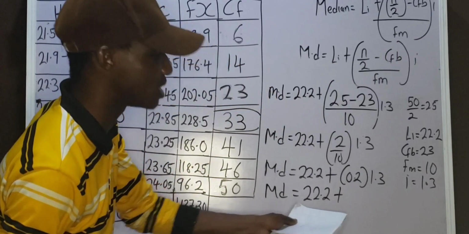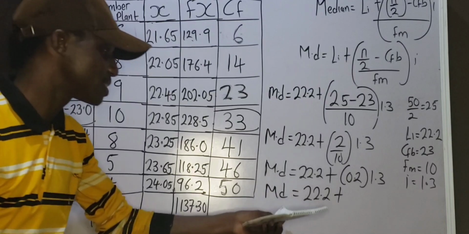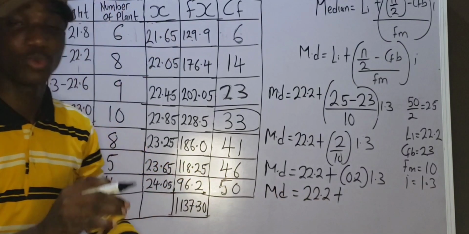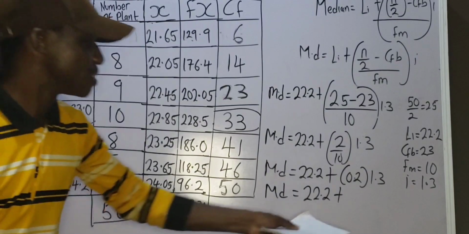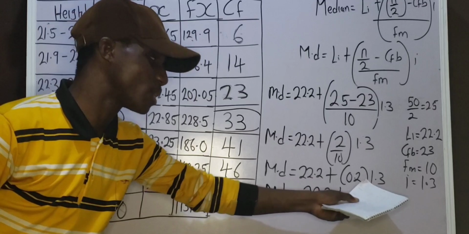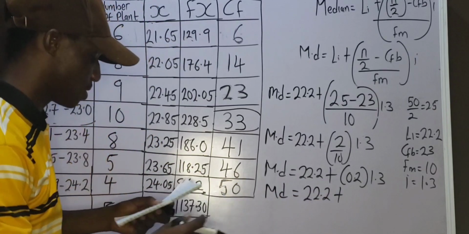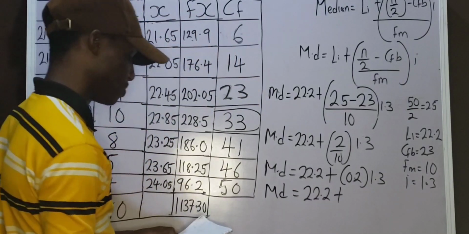And when you get to this point, please follow the rule of BODMAS, okay? So that you will not mistakenly add 22.2 plus 0.2 and then multiply. You won't get the right answer. So take the product of 0.2 and 1.3, then you add it to 22.2. If you take the product, you are going to get 0.26.